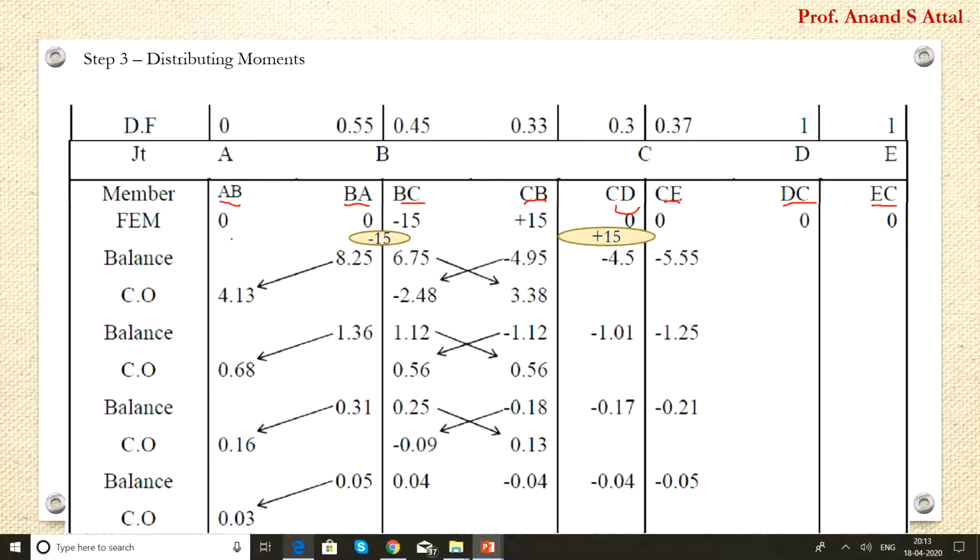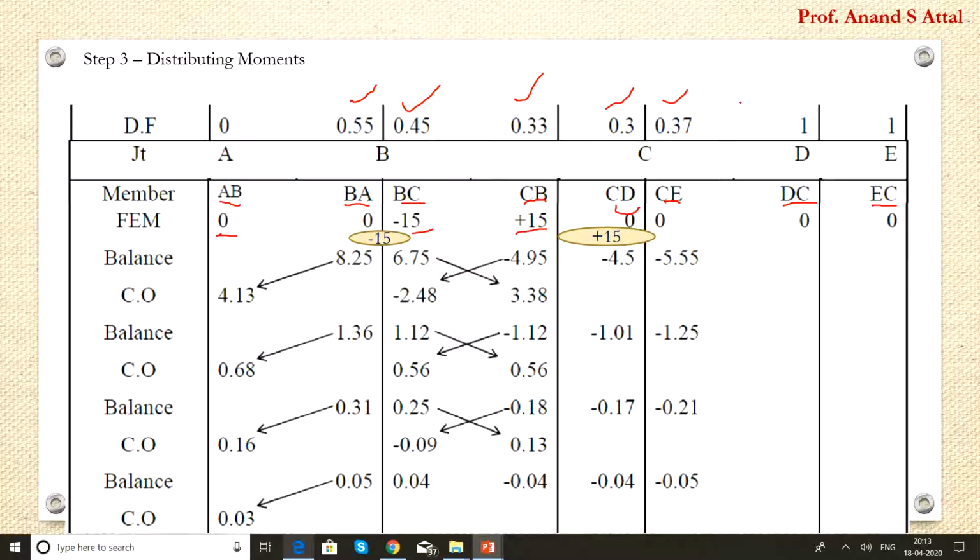Then we write the fixed end moments as we found them: AB 0, BA 0, BC minus 15, CB plus 15, CD 0, CE 0, DC 0, and EC 0. The distribution factors as we found them: BA 0.55, BC 0.45, CB 0.33, CD 0.3, and CE 0.37.